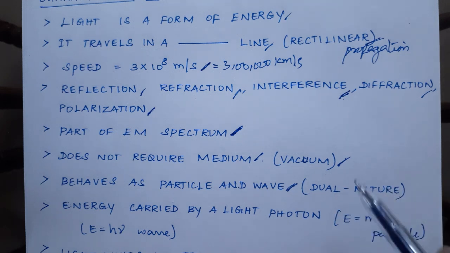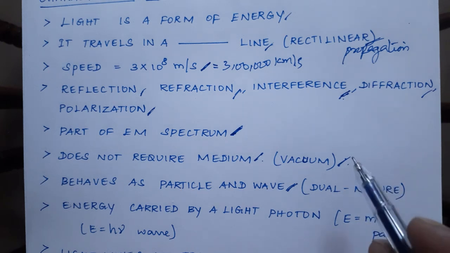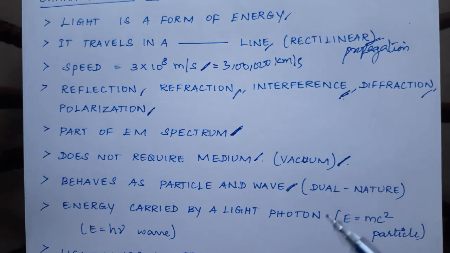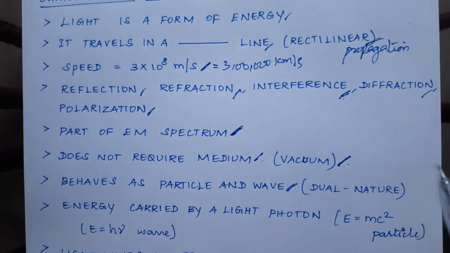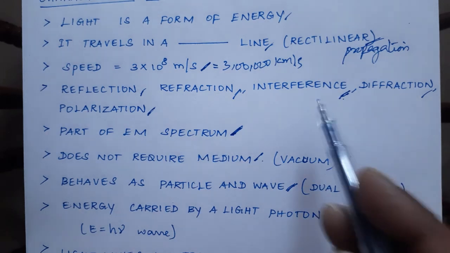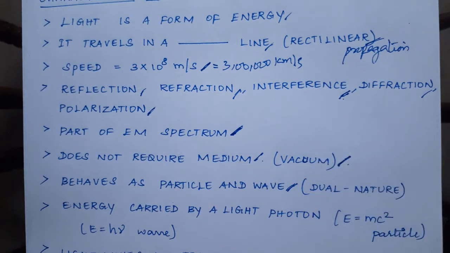Phenomena like the photoelectric effect and Compton effect, which we will discuss in detail in the forthcoming chapters, treat light purely as a particle. Unless it is treated as a particle, those phenomena are not possible. Similarly, for interference, diffraction, and polarization, unless light is treated as a wave, these phenomena are not possible.